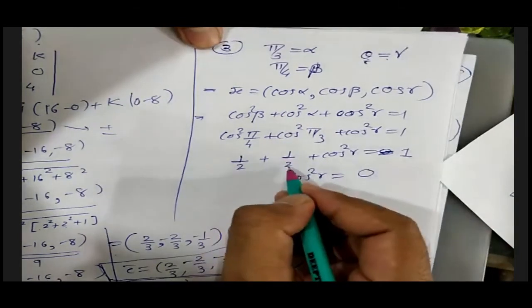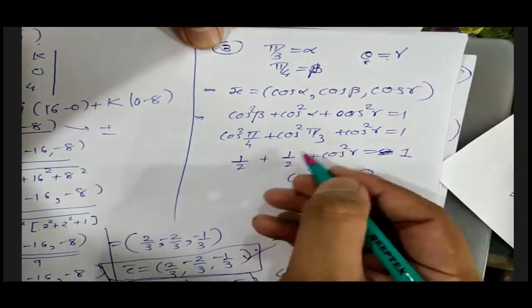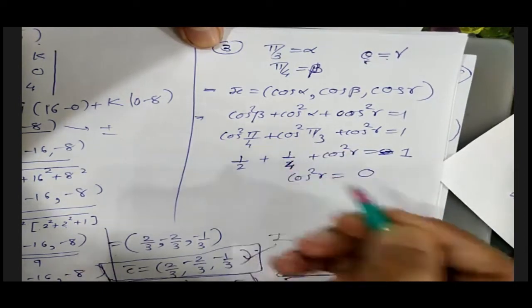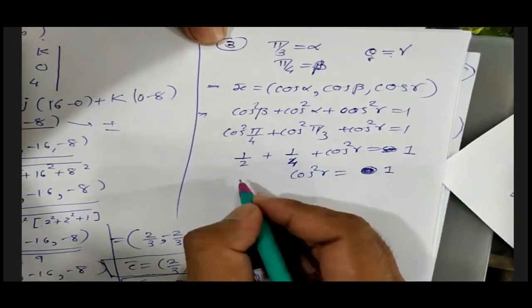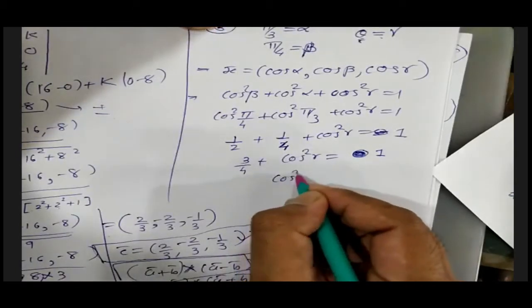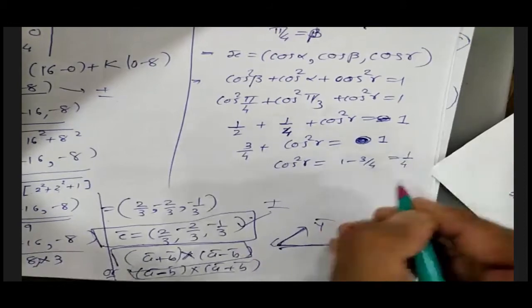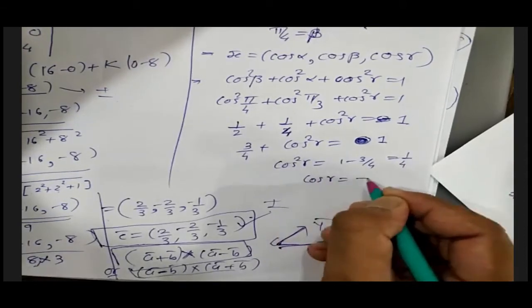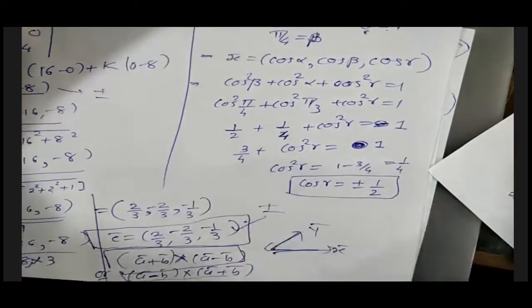Here 1 by 4 will come, because 1 by 2 square is 1 by 4. So 1 by 2 plus 1 by 4 is 3 by 4. So cos square gamma is equal to 1 minus 3 by 4, which is 1 by 4. So cos gamma is equal to plus or minus 1 by 2.